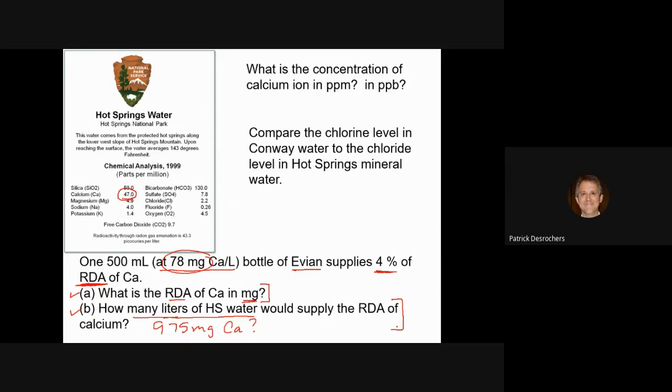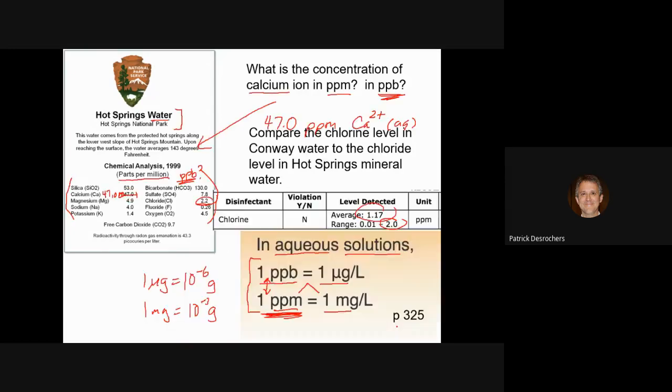All right. I want a number. Work this out. I'm going to give you about 3 minutes to get a number. And in case you need a reminder, remember that 1 part per million is the same as milligrams per liter. So if I'm 47 parts per million, that's the same as 47 milligrams of whoever the guy is for every 1 liter of that solution. Okay, that's the idea.